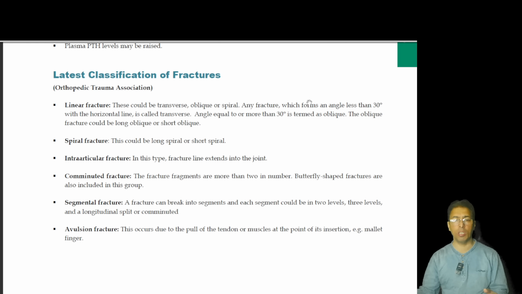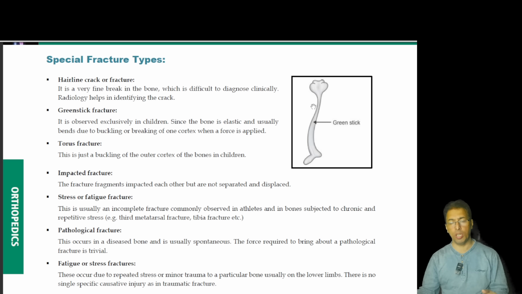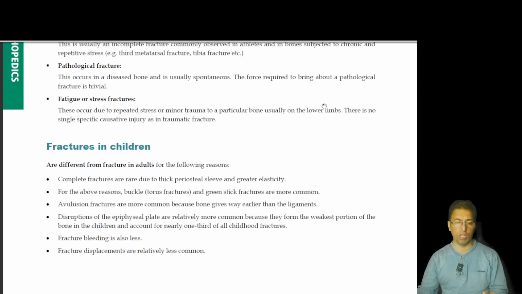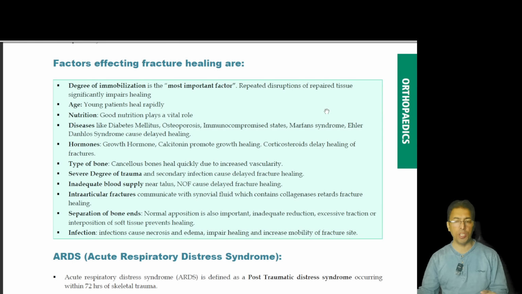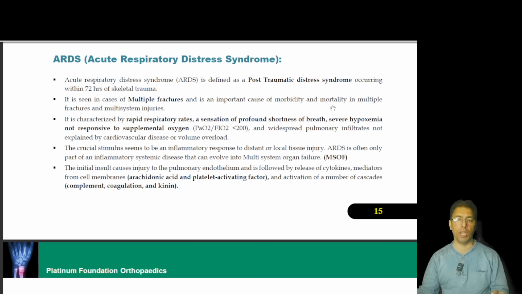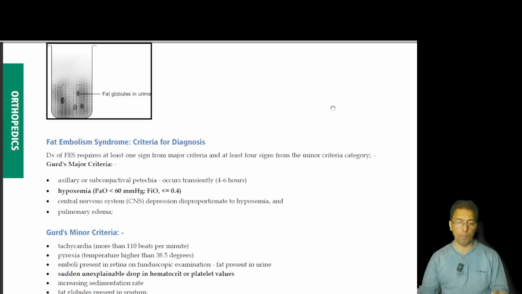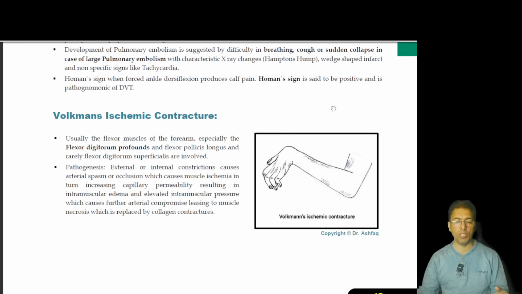Then fractures, what are the special types of fractures, what are the different orthopedic associations of fractures. I mean to say torus fractures, hairline, greenstick, stress, pathological fractures, fractures in children which form a different entity, features of fractures in children, the factors affecting wound healing, fracture healing, some important clinical scenarios, emergency clinical scenarios, ARDS, fat embolism, how to recognize the criteria guiding those, the crush syndrome, the DVT, Volkmann's.